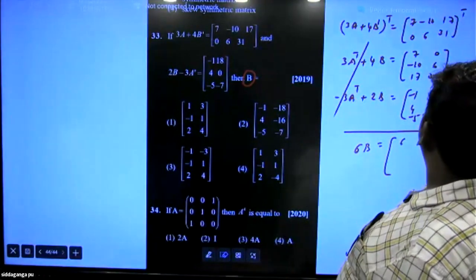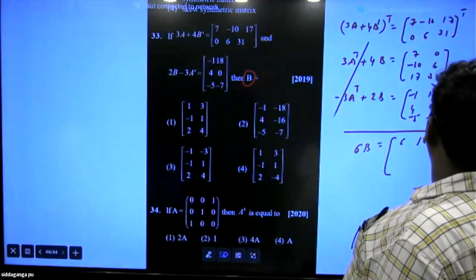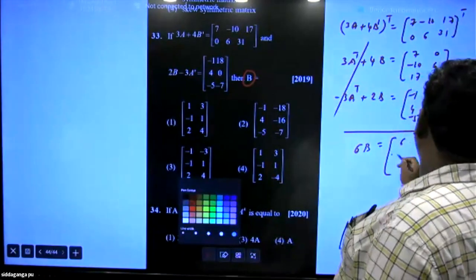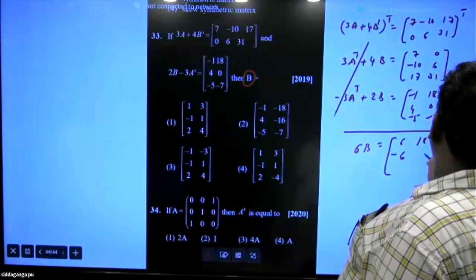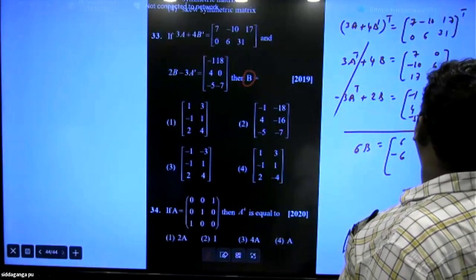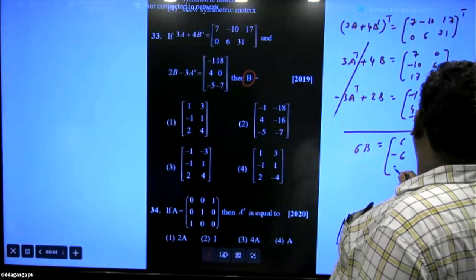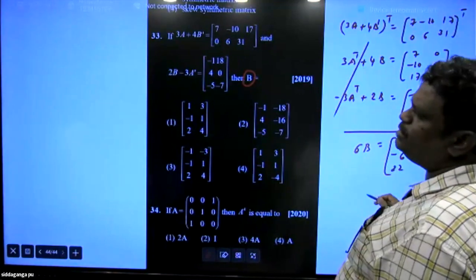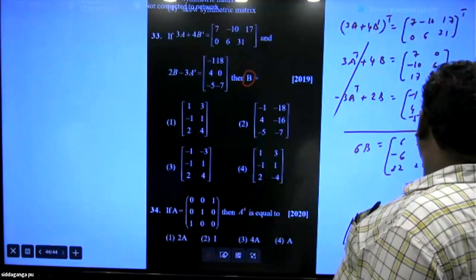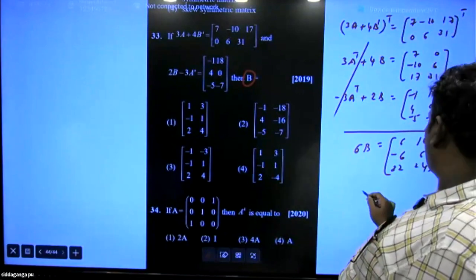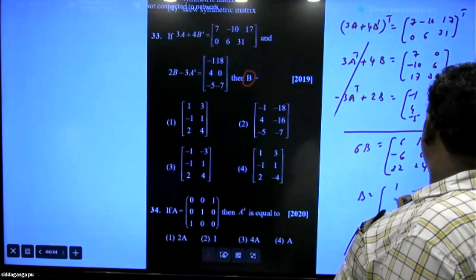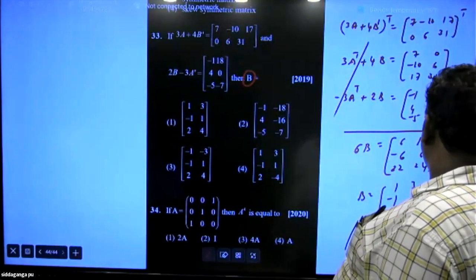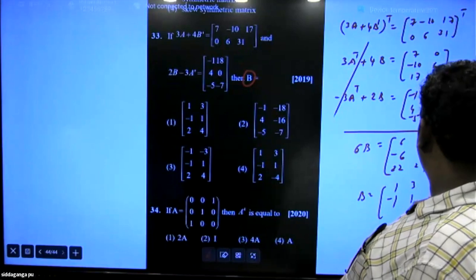Next this value: 7 1 minus 10 plus 4 minus 6, and 6 minus 0 is 6, 6 plus 0 is 6, 17 minus 22, 31 minus 7 is 24. So now we can divide this value. B is equal to, 6 ones are 6, 6 threes are minus 1, 1. Now here 4 there: 1 3 minus 1 1 2.